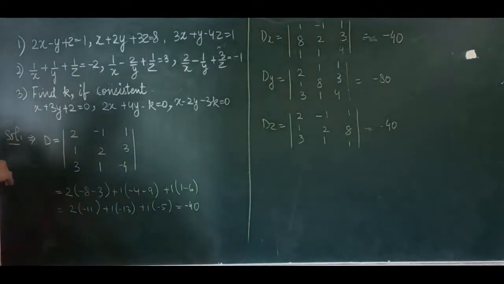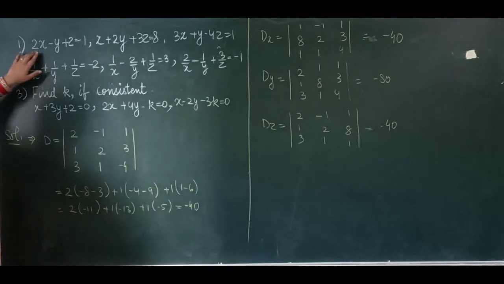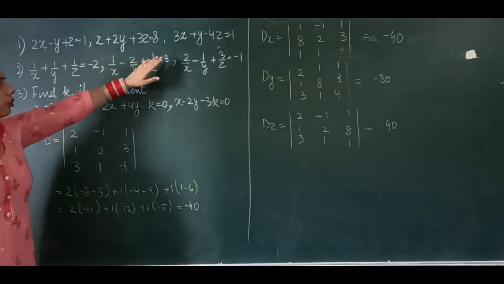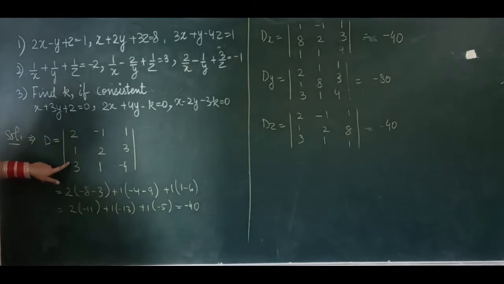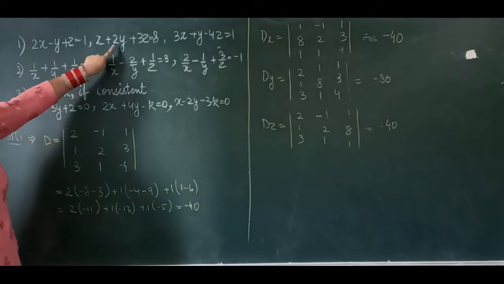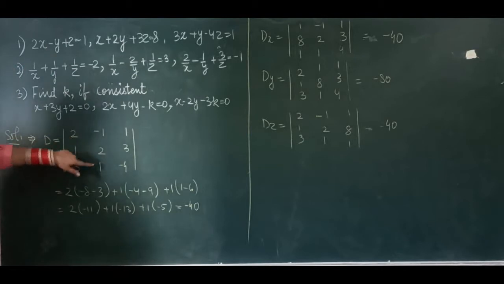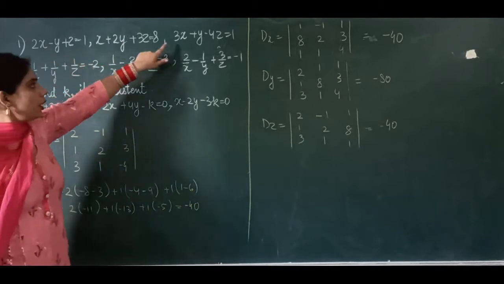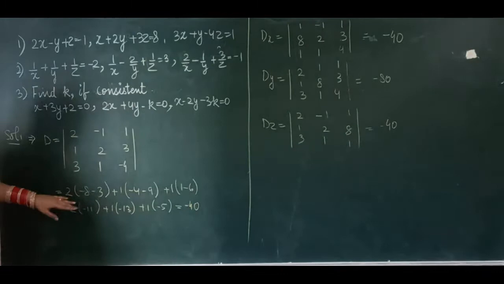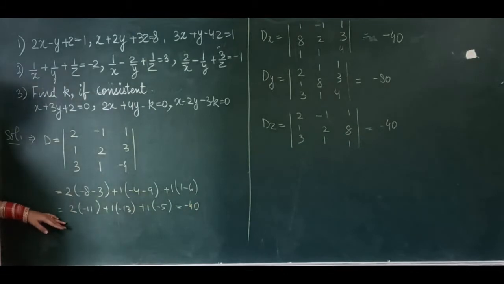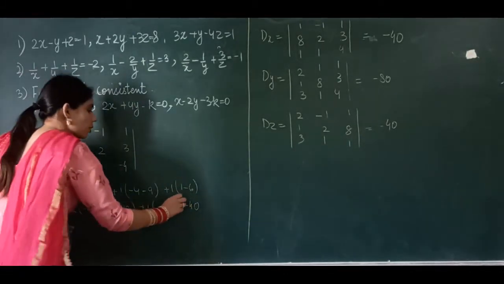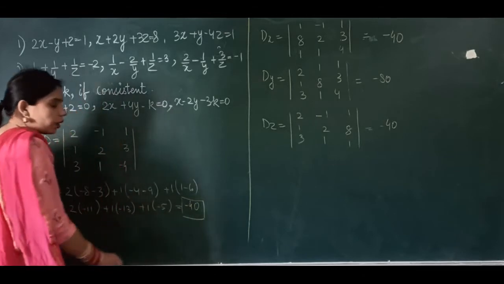All the coefficients of x, y and z. So it will be 2, 1, 3; coefficients of x, coefficients of y, minus 1, 2, 1; coefficients of z, 1, 3 and minus 4. After expanding the determinant, I have found the value and it comes out to be minus 40.